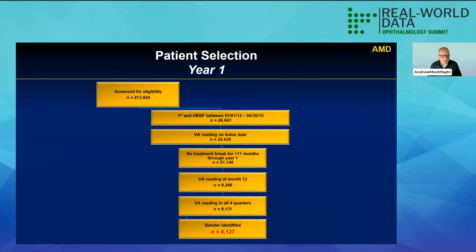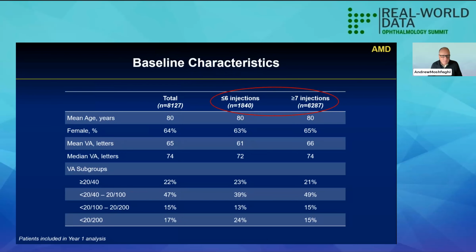When we looked at the neovascular AMD cohort, initially it was over 200,000 patients that were evaluated, but when we applied all the different criteria that were necessary for good data analysis, such as visual acuity metrics and follow-up, we had over 8,000 patients that were evaluable.